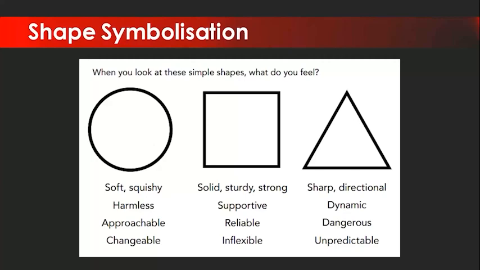Then when you look at the triangle, why does it look like sharp edges? Because it is sharp, directional, dynamic, dangerous, and unpredictable. You can see the sharp edges pointing sometimes downward, sometimes to the corner side, then upward. That means there is no balancing. The circle is completely curved and the square has four edges, but here it is unpredictable.